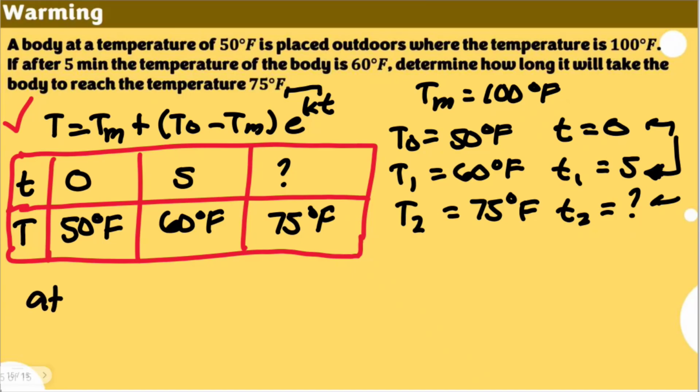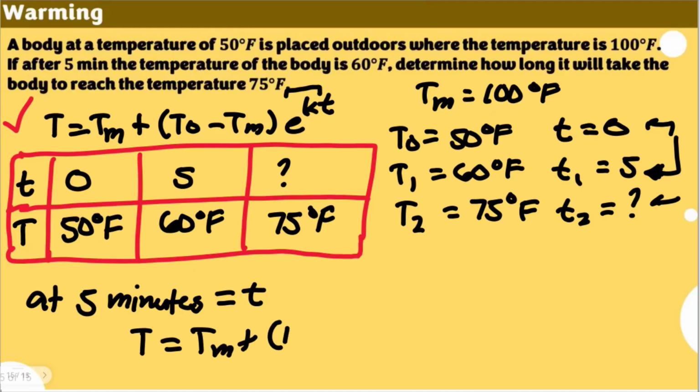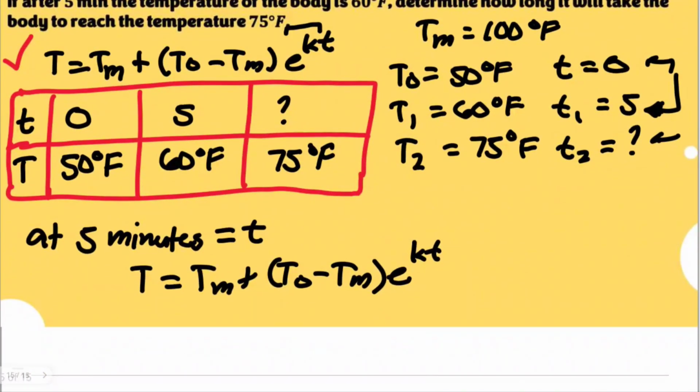So at 5 minutes, this would be our small letter t. The formula is still the same. I'm rewriting it first, but we're going to substitute the details now. After 5 minutes, your temperature became 60 degrees Fahrenheit.